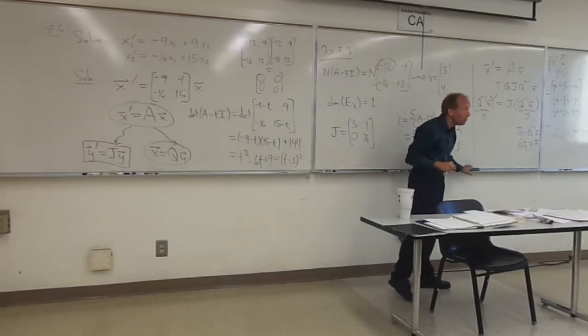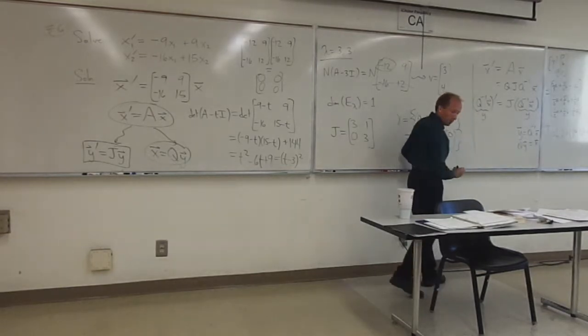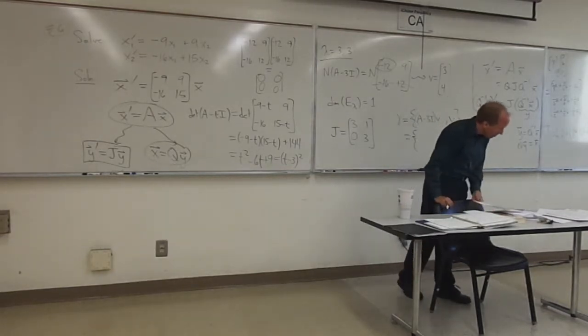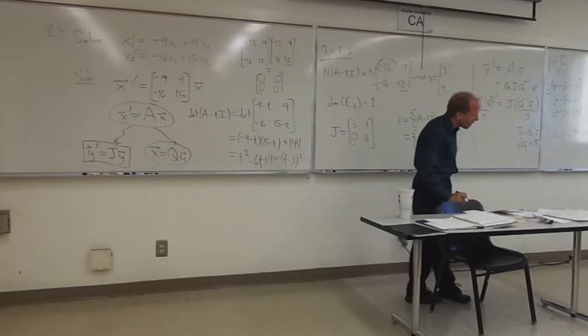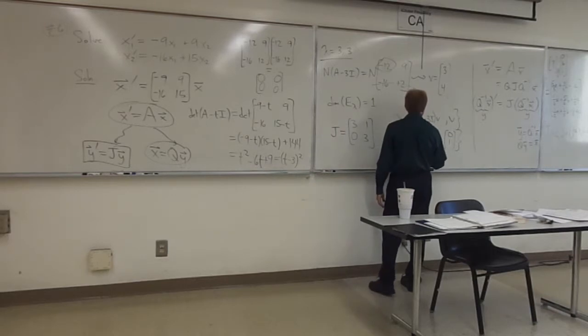I'm going to choose 0, 1. It's just a little cleaner to not have negative signs flying around. If I choose a vector 0, 1, then what is A minus 3I times 0, 1? Exactly, 9, 12.